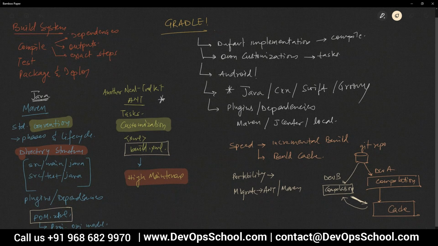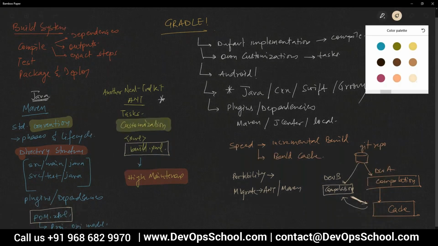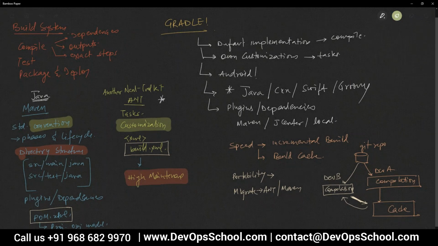Gradle supports two languages for writing its build configuration, not for managing the compilation and all, but for writing its build configuration. You can write the build config in either Groovy or Kotlin. There is a language called Kotlin. So build configuration is written in Groovy or in Kotlin.